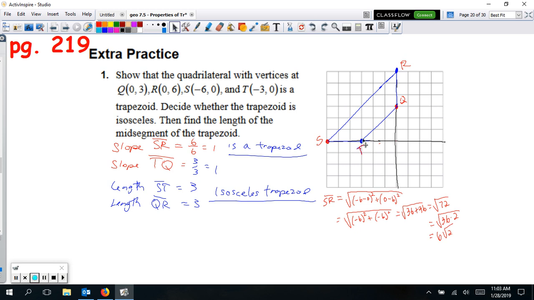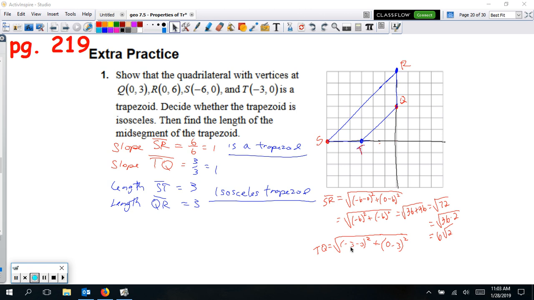Now for finding TQ, we would be using these points here. So negative 3 minus 0 for the x's, and then 0 minus negative 3, or 0 minus 3 for the y's. It's going to give us a similar thing with negative 3's in both.